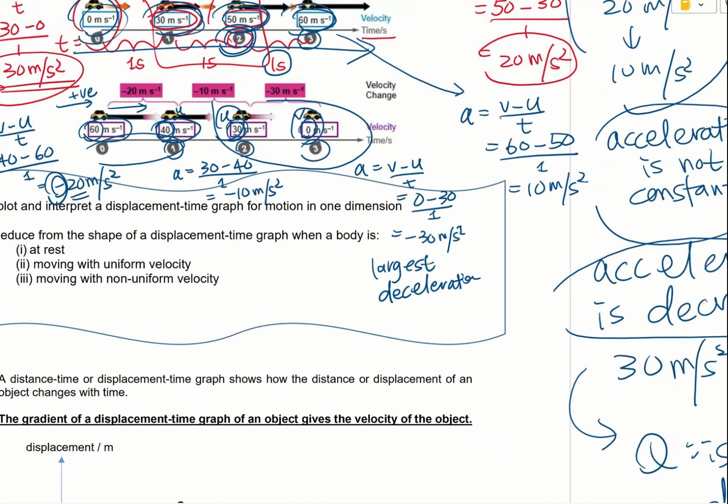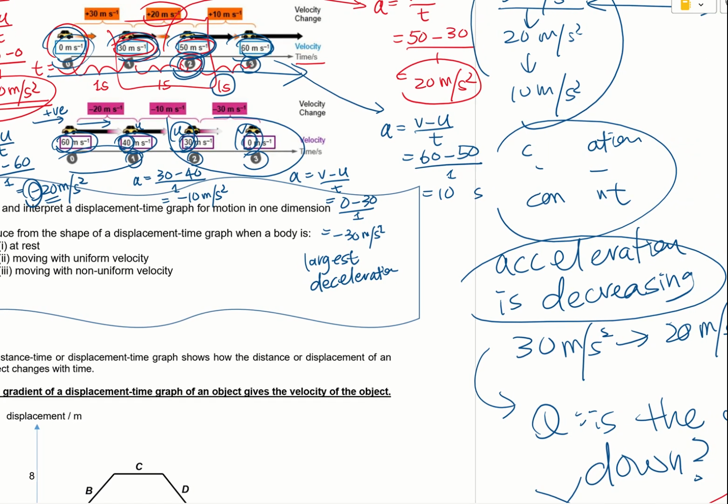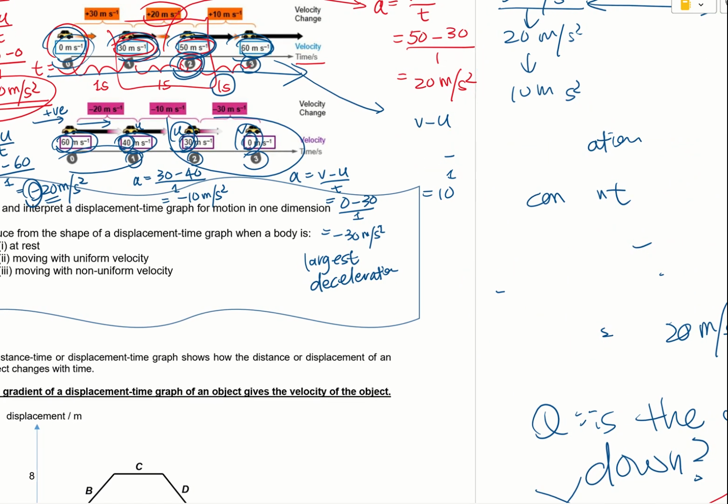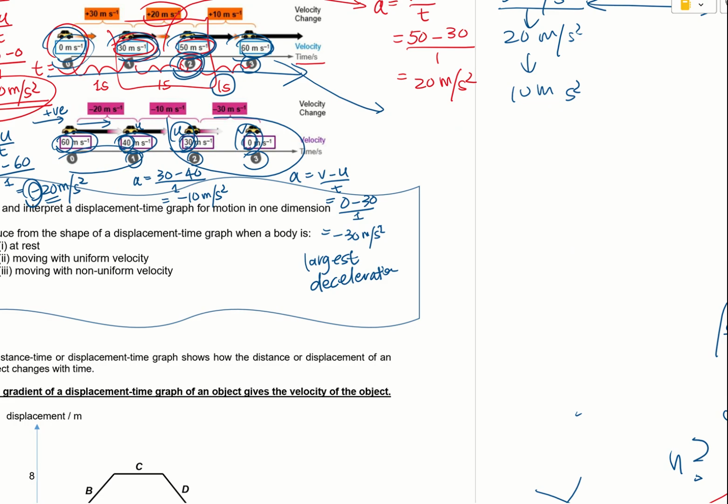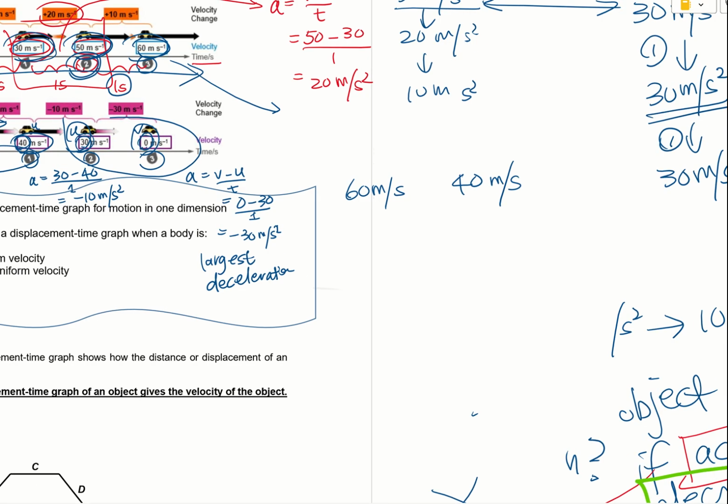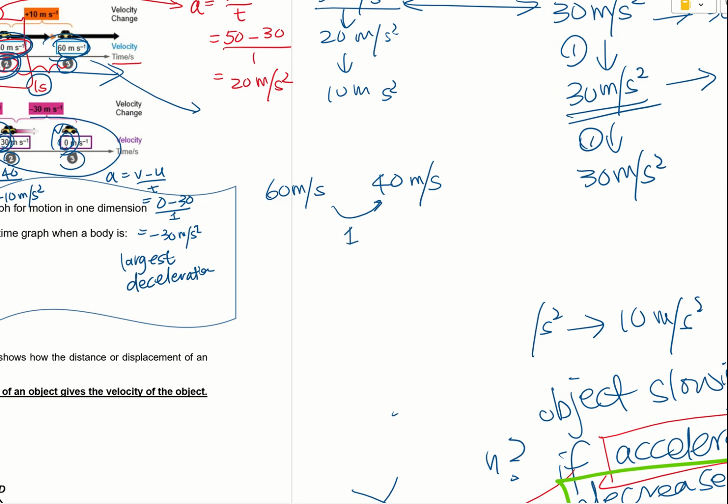A uniform, constant deceleration will look something like this. We started off with 60 meter per second, and after 1 second it dropped to 40 meter per second. If I want a constant deceleration, then after 1 more second it will drop by 20 meter per second, and finally after 1 more second it will drop to 0 meter per second.